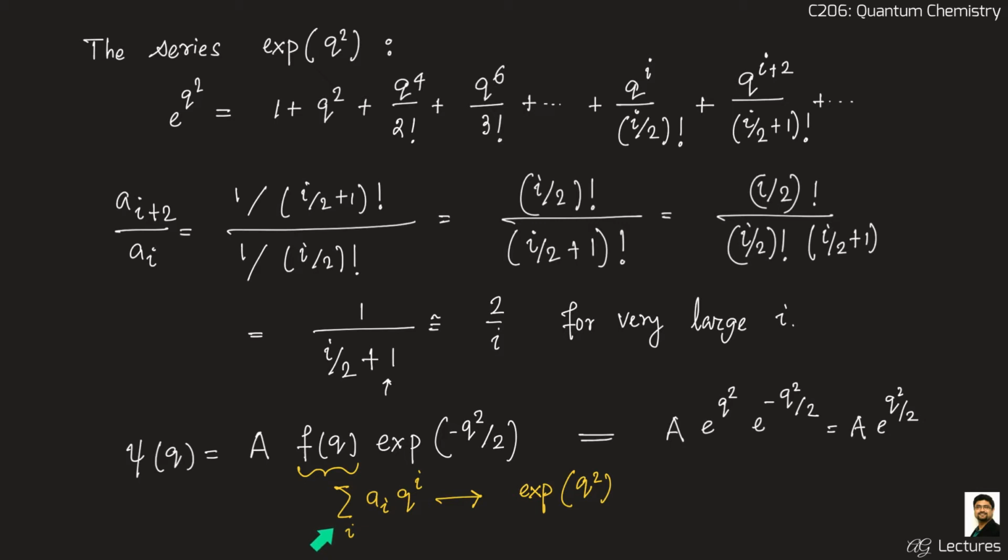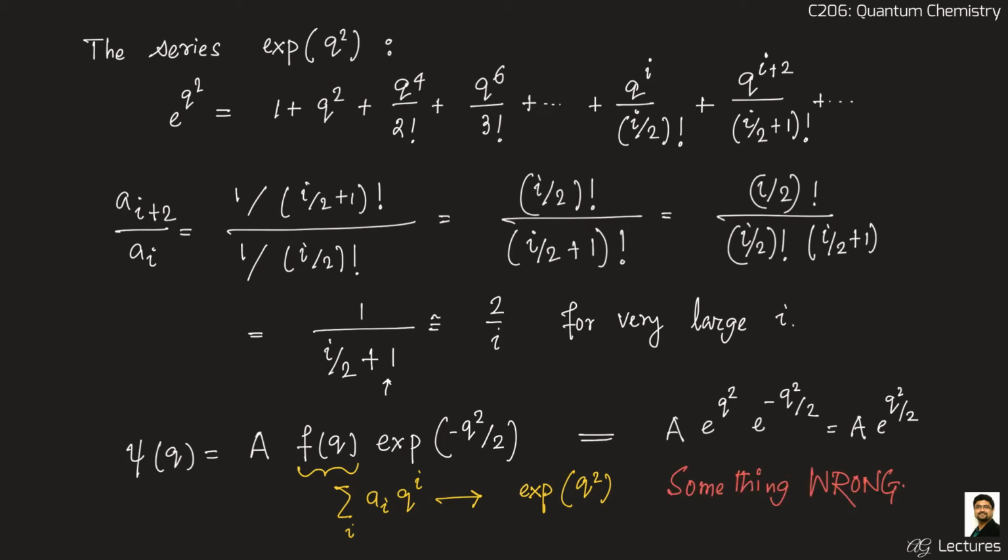In that particular case, this function is going to behave like this particular function because their behavior is the same, and therefore as a whole the solution will blow up for q equal to plus or minus infinity, and that is absolutely unacceptable.